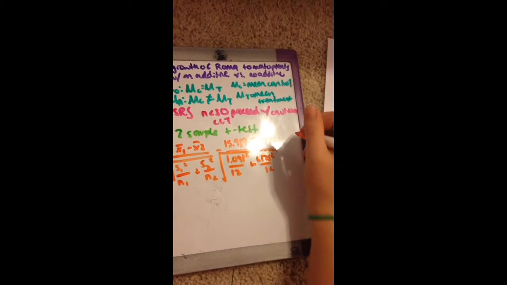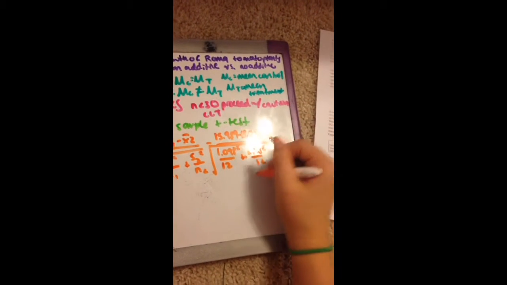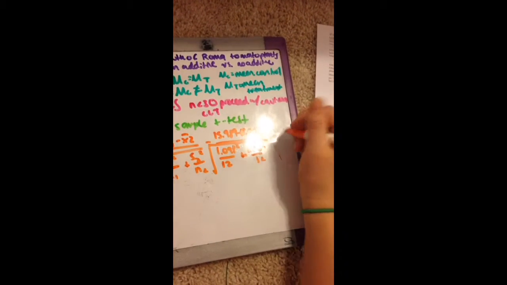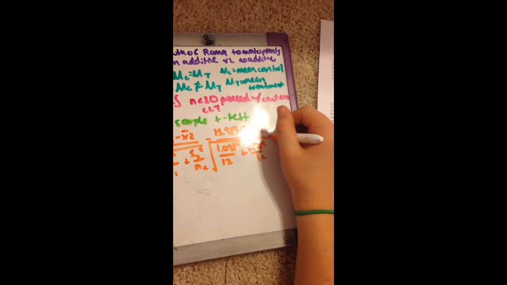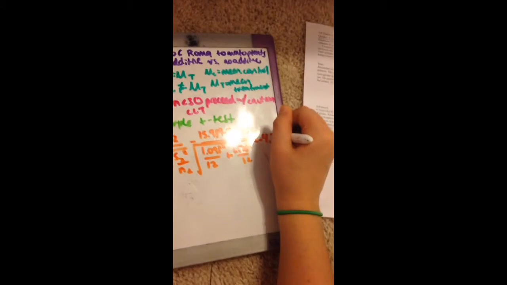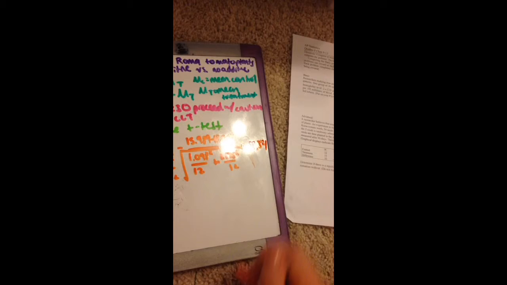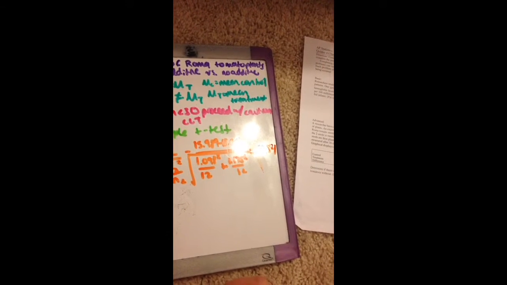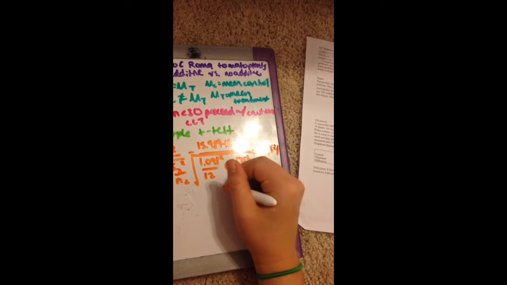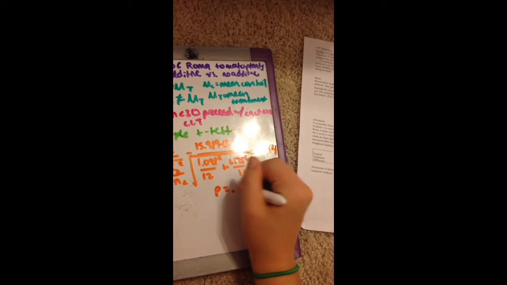We got all those values from our table, and we get that t equals negative 4.34.